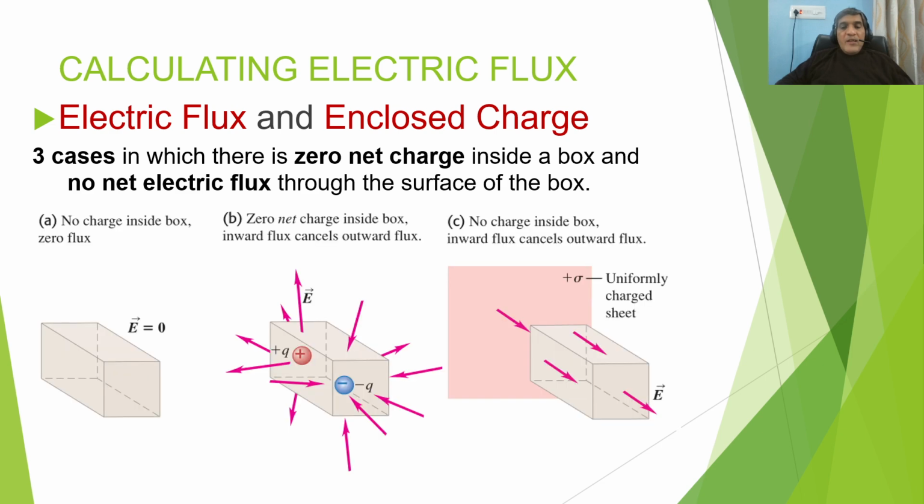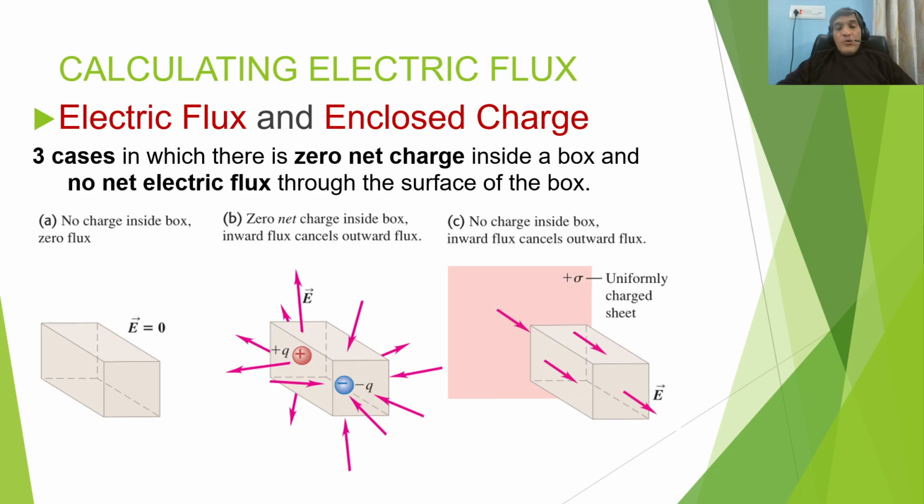Again, a very nice PPT regarding calculating the electric flux with the help of a net charge. We are discussing three cases in which there is zero net charge inside a box. The presentation of each figure is different, but the answer is the same for all three cases.